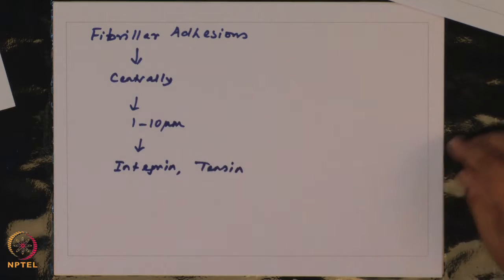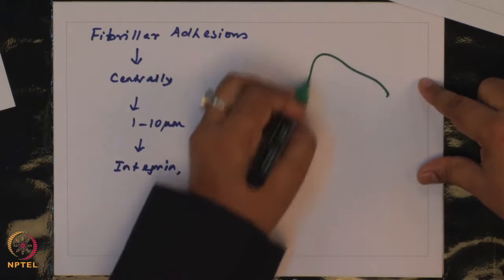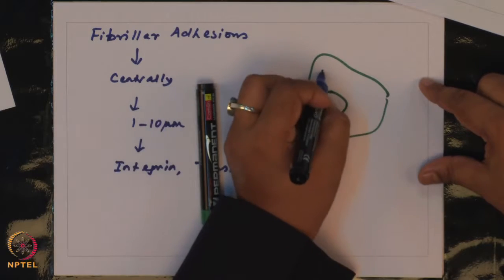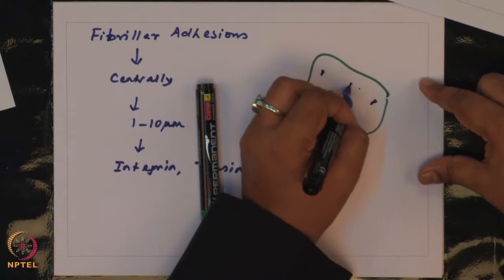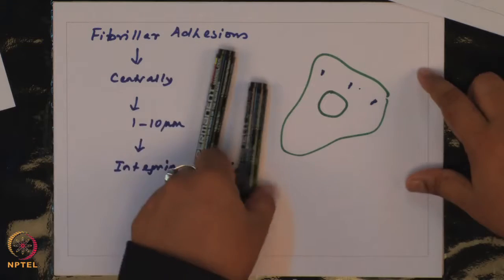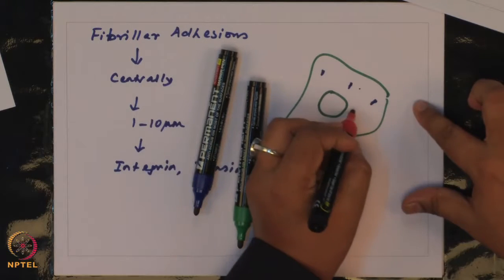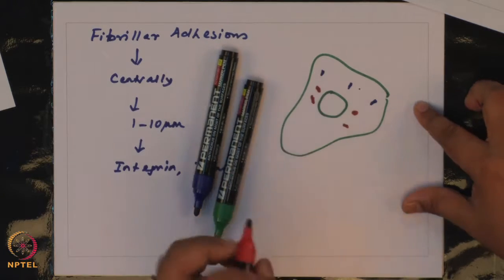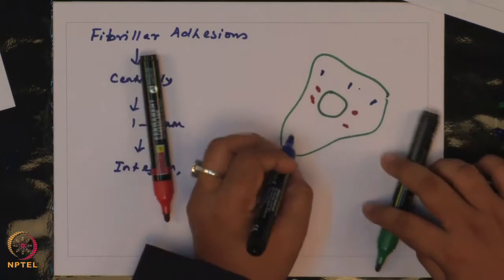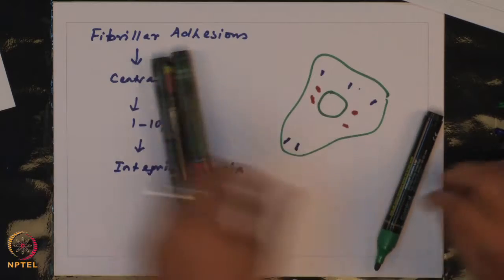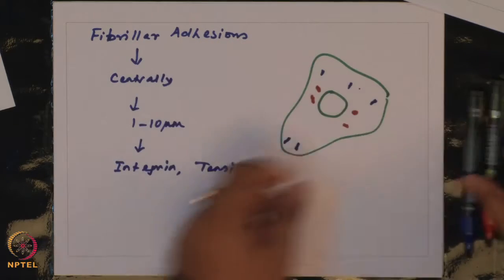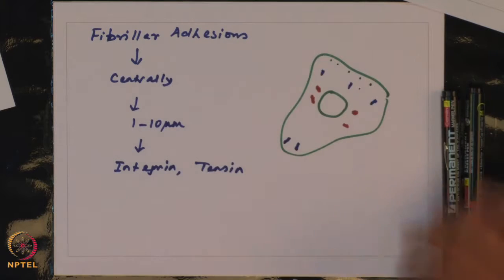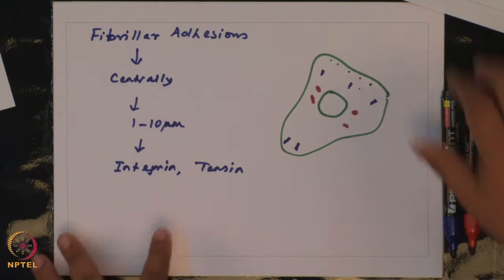If I were to draw a schematic of the cell, your focal adhesions are present here, and the fibrillar adhesions are present here. Focal adhesions are also present at the rear of the cell, and you have focal complexes. These appear like dots, they are really small in size.